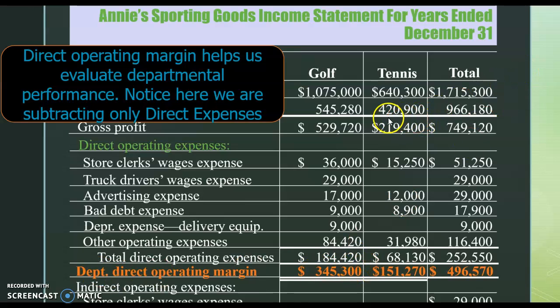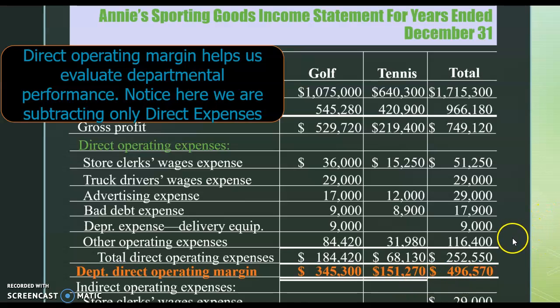For tennis, I have gross profit, $219,400, minus the total direct operating expenses of $68,130. That gives me direct operating margin for the tennis department of $151,270.